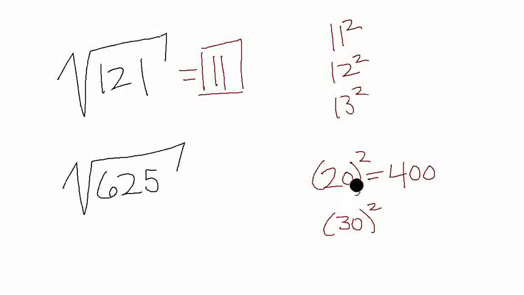That's too big. Okay, but the good news is that now we know that the correct answer is between 20 and 30. So you can try different numbers between 20 and 30, and the answer will turn out to be 25. 25 squared is equal to 625. Okay?